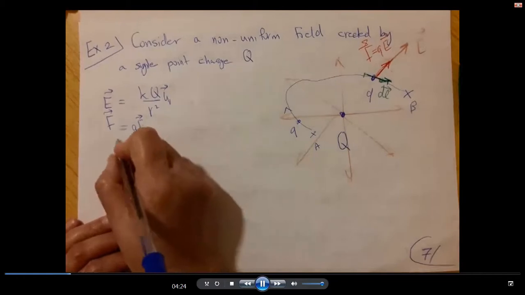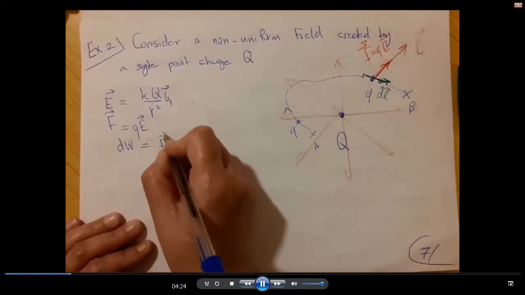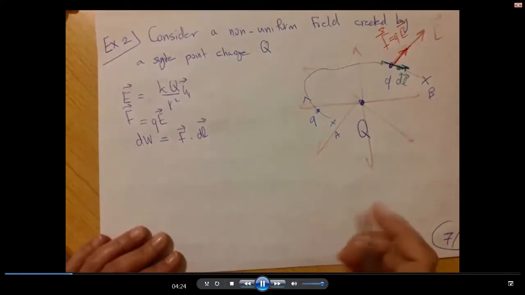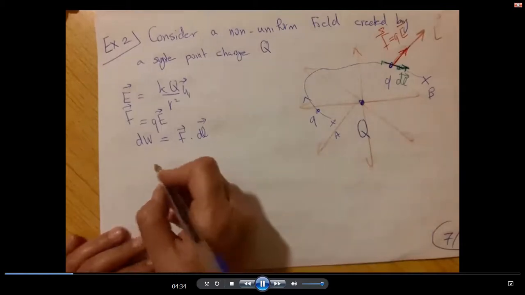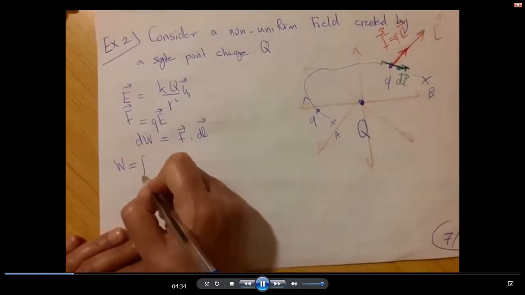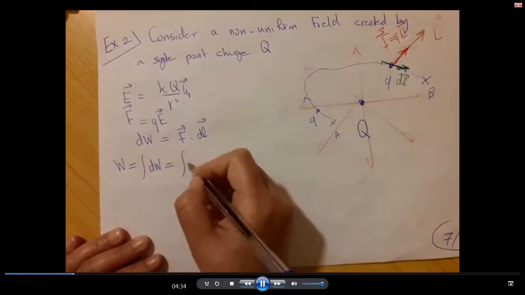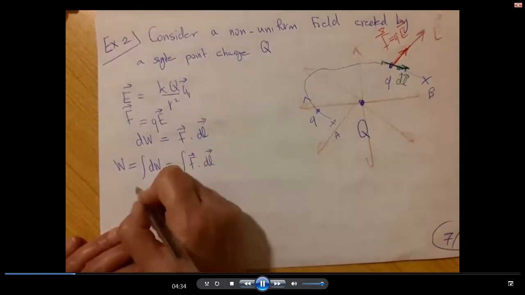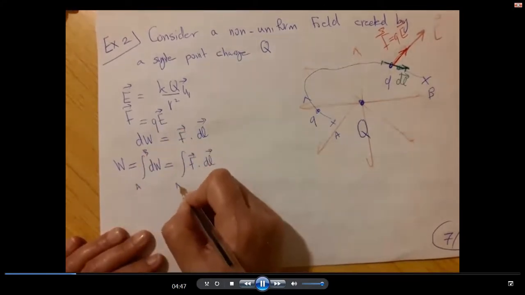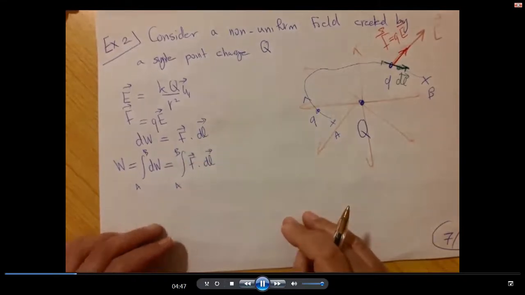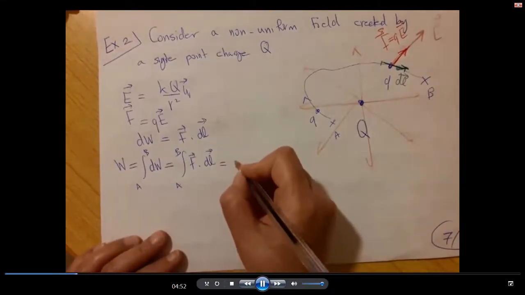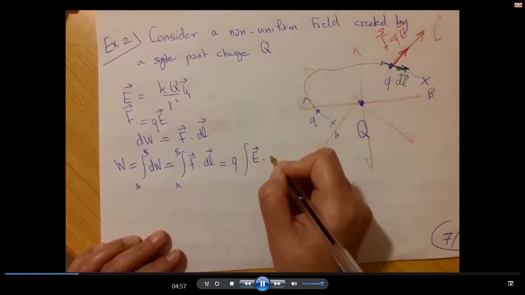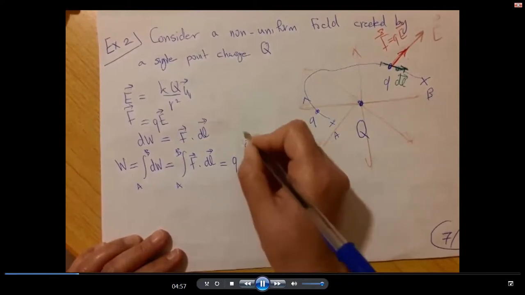Usually we say the work done over this displacement is F dot dl, and I want the total work, so the work will be the integral of dW, the integral of F dot dl, from A to B. F is Q times E, so Q outside, E dot dl from A to B.